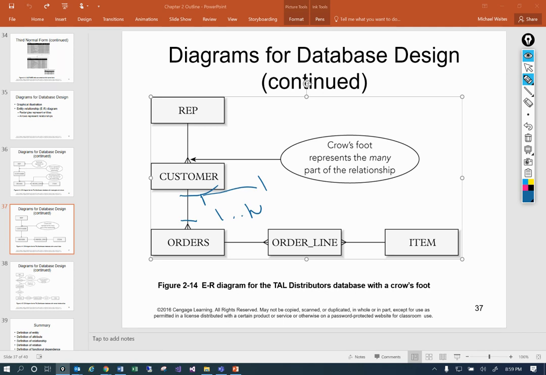As in, this is saying they won't even be a customer in our database until they have at least one order. In fact, we can even start to say that customers are functionally dependent on orders because we need to have at least one order for them to be considered a customer.